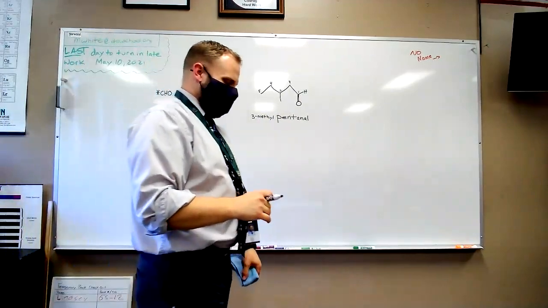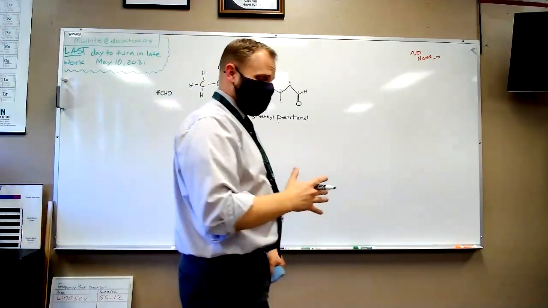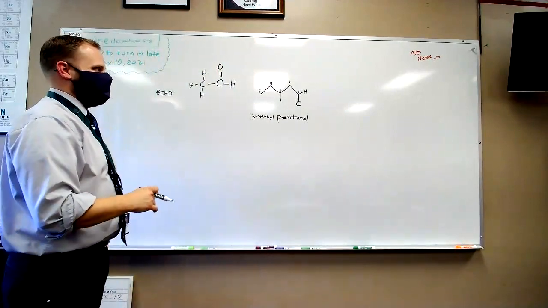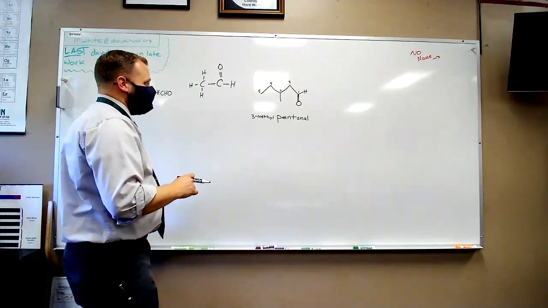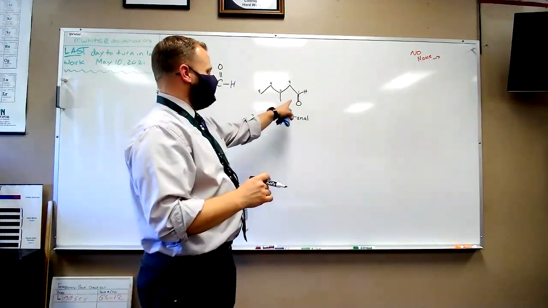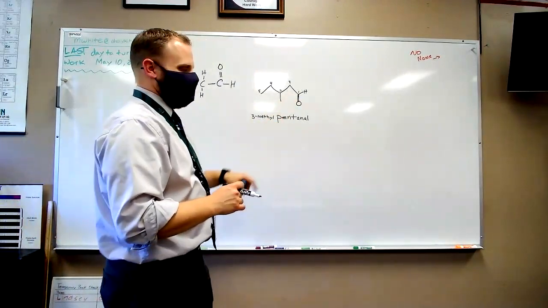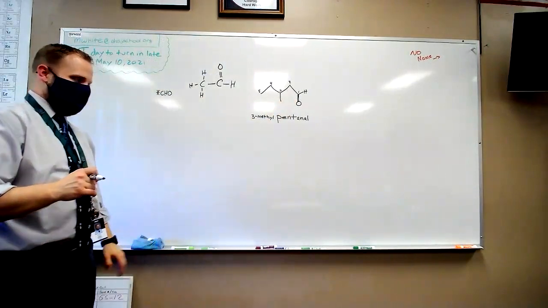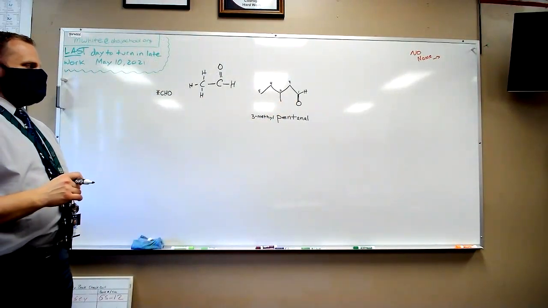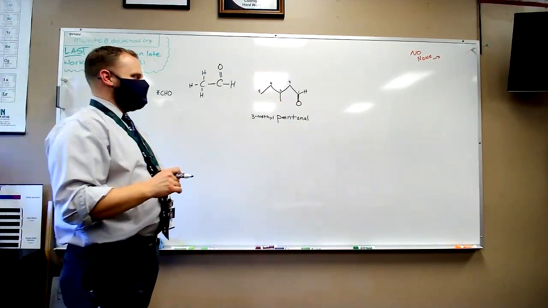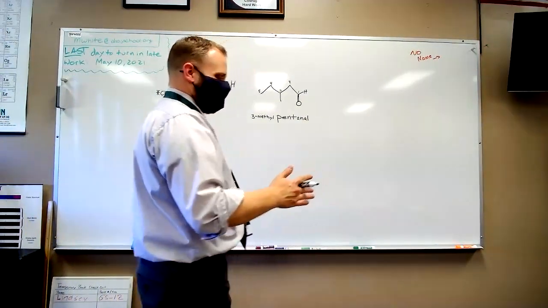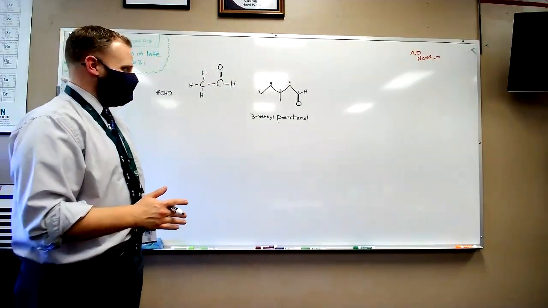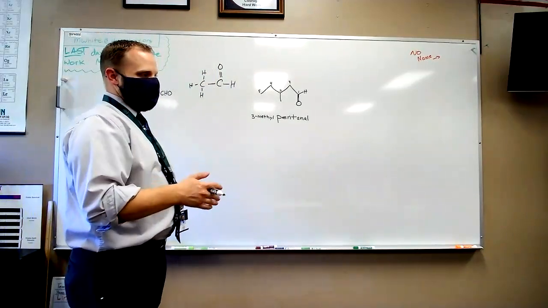Anytime we have a branch chain, it's going to follow the same rules that we've already established. The difference is the functional group becomes the most important for numbering. So we number off of that, but we really don't care about anything else. The numbers just fall where they fall.